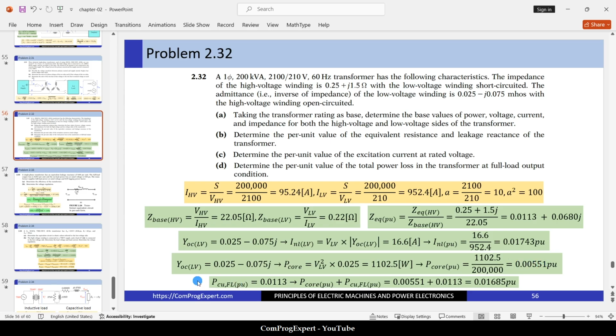What about the copper loss? The value of the copper loss at full load is equal to the per unit value of the equivalent resistance. We can calculate the full load copper loss, multiply this number by the current and divide it by the apparent power.